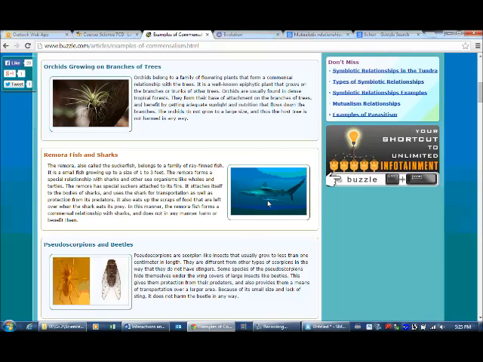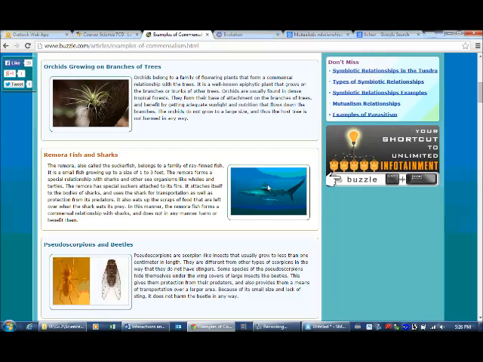They get to hang out with the shark, and the shark will protect it from predators inadvertently, but still, no one's going to mess with those little fish because they're hanging out with the shark. The other way that the remora fish benefits is when the shark does feed, there's going to be a lot of scraps in the water, and those scraps will be eaten by the remora fish. So the remora fish benefits by obtaining food, and it has some protection from the shark as well.